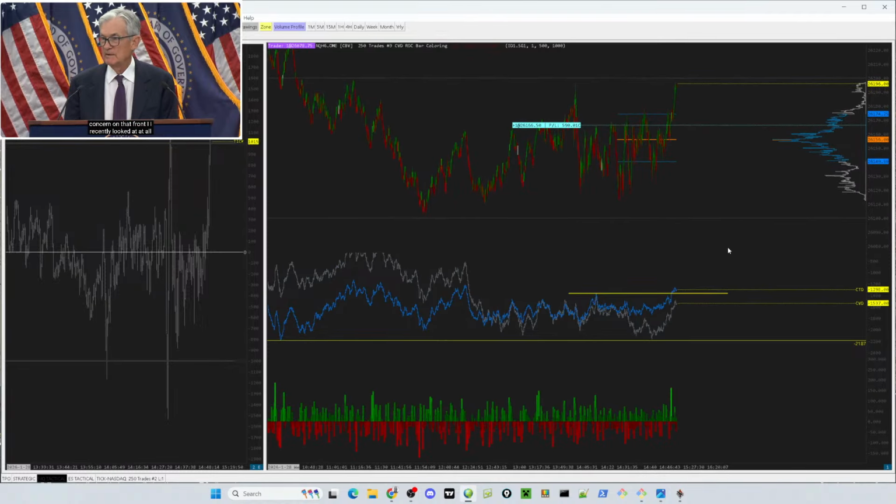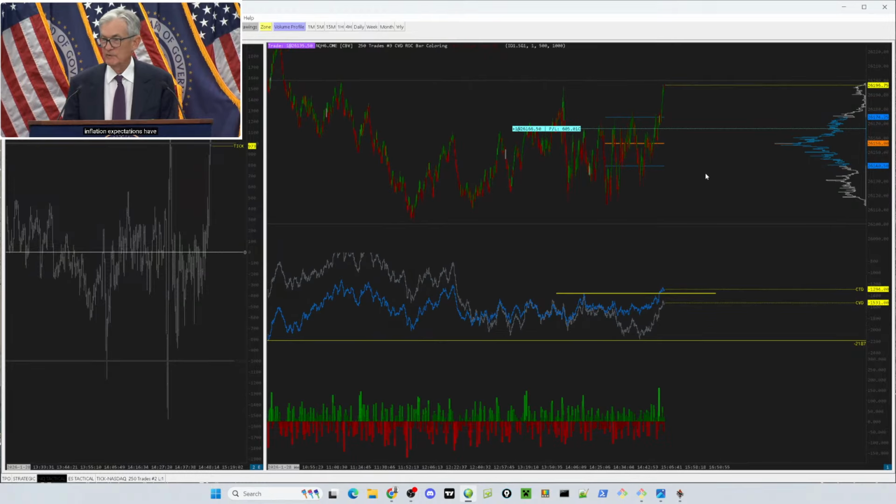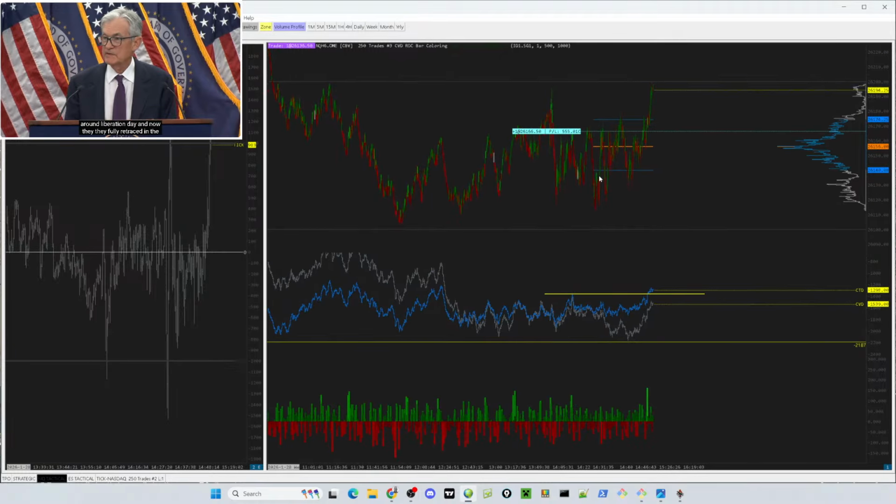Around Liberation Day they had a little positive tick, and that fully retraced in the last few months. Expectations have remained in places that are very consistent with 2% inflation over time. So expectations have been solid, though they reflect a little bit of a pullback in confidence in the return to 2% inflation.